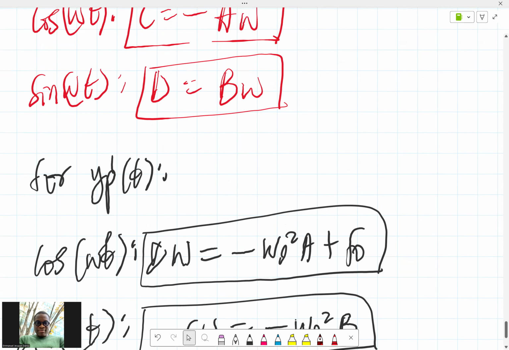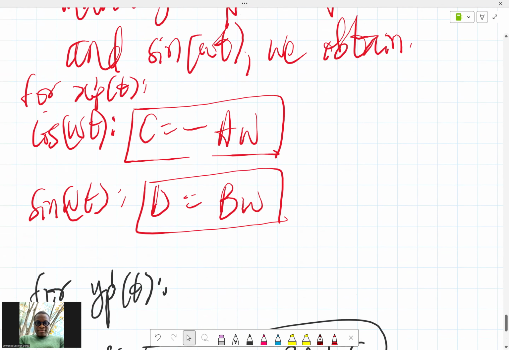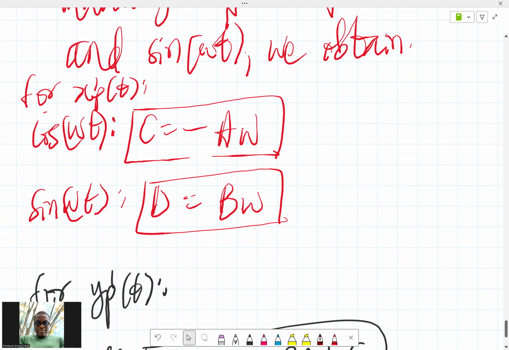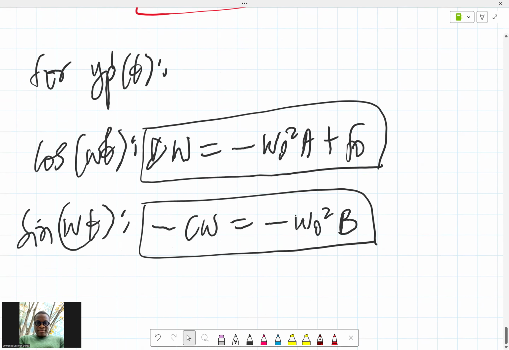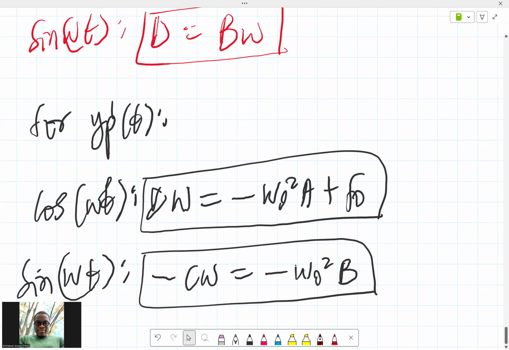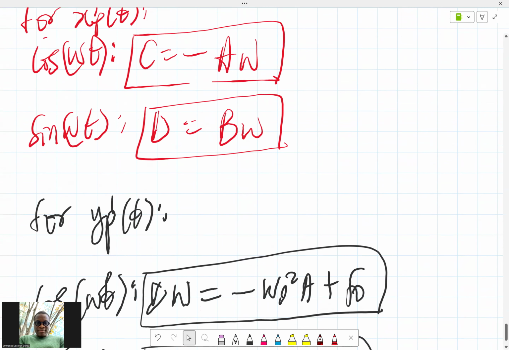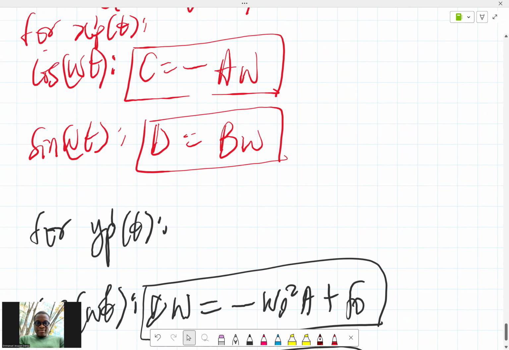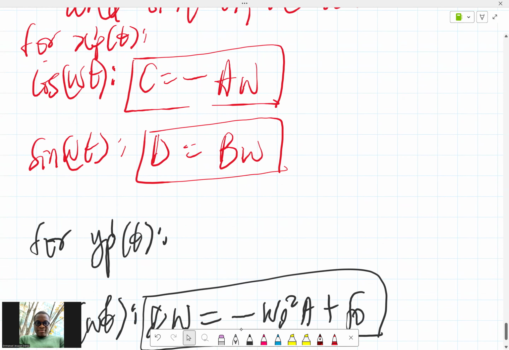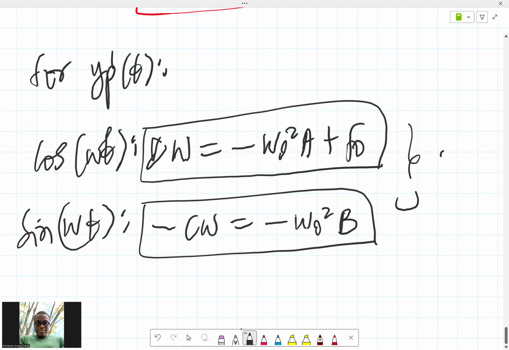Okay, so how do we take care of this? We can substitute, right? Because C and D are this value, we can just substitute them here. So let's call this equation 1, and let's call this equation 2.